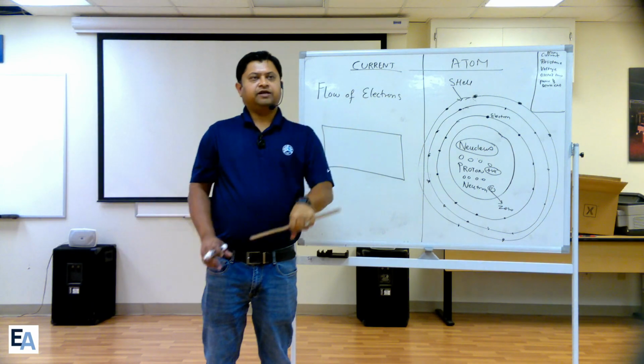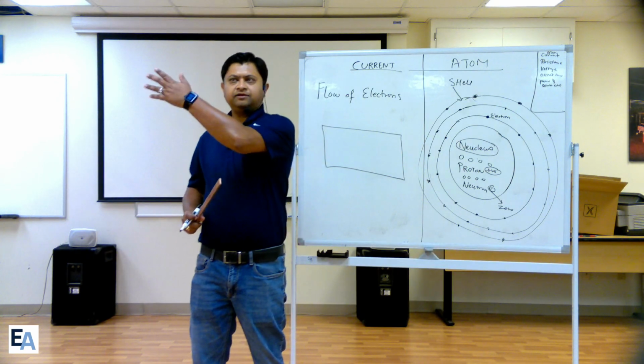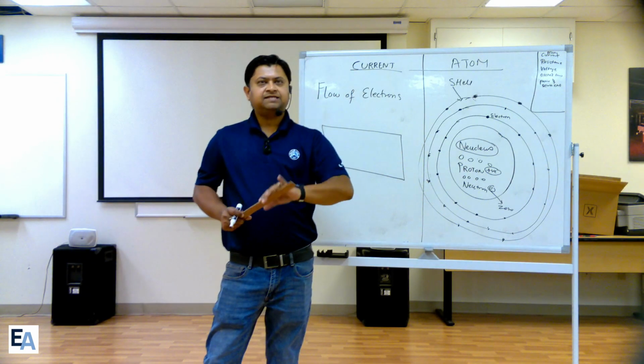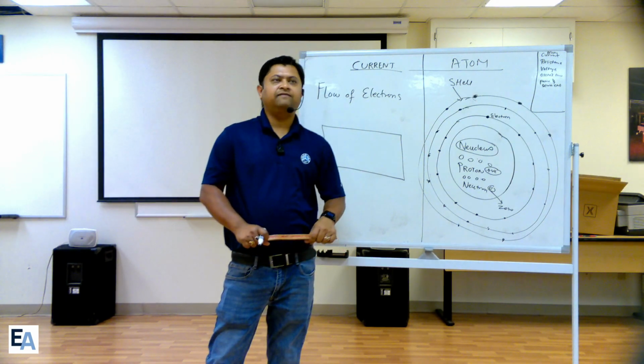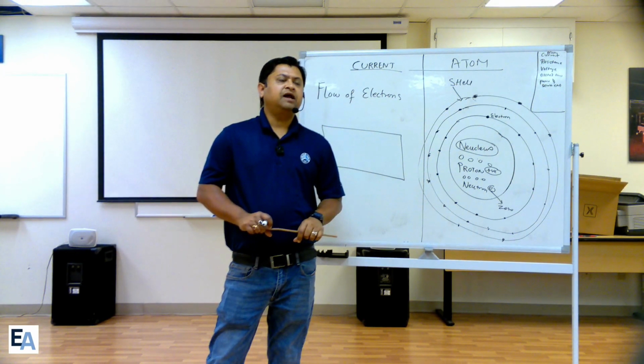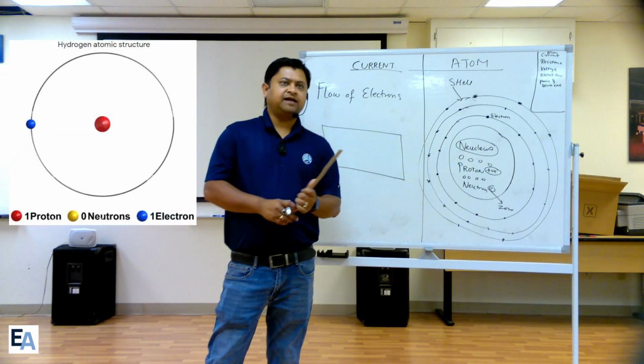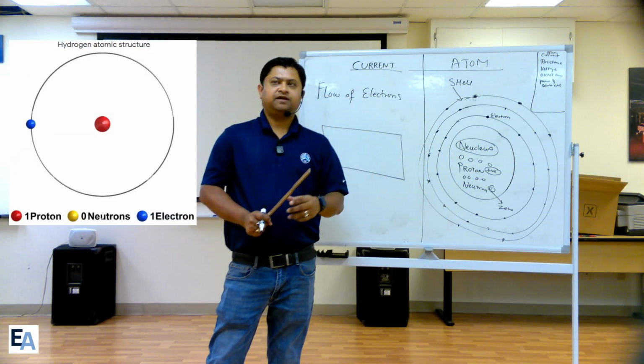There is something called the periodic table, I'm not going there much, but all these elements are classified in a periodic table. For example, hydrogen is, I think, number 1, and so on, 1, 2, 3, 4. All these gases, metals, everything are classified in the periodic table. For example, hydrogen is a gas, and its atomic structure is different: it has a nucleus and one electron.